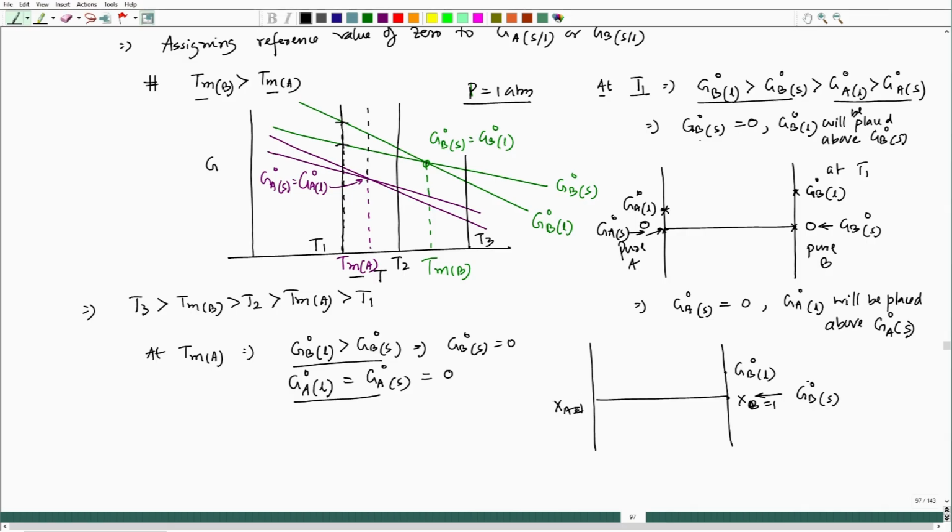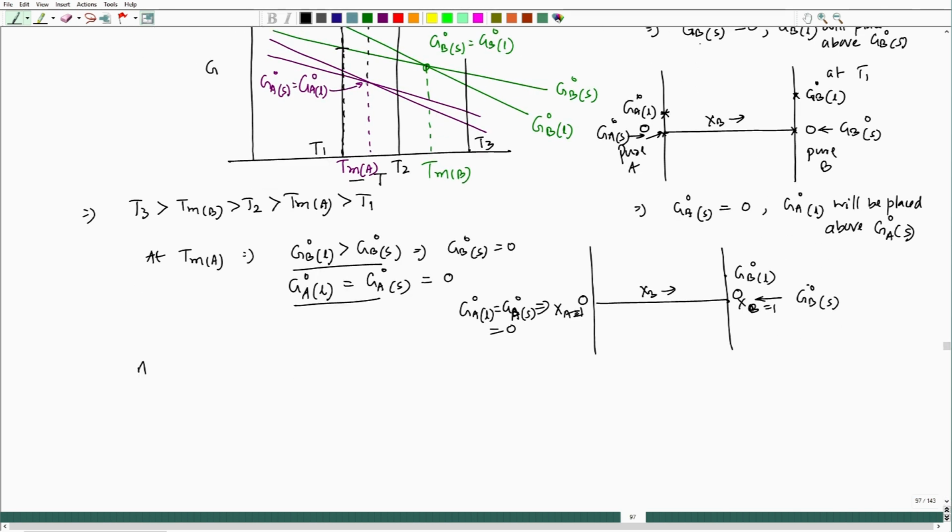But in case of the A side, we will see that GA naught liquid equal to GA naught solid equal to 0. So, these two values are 0, okay.